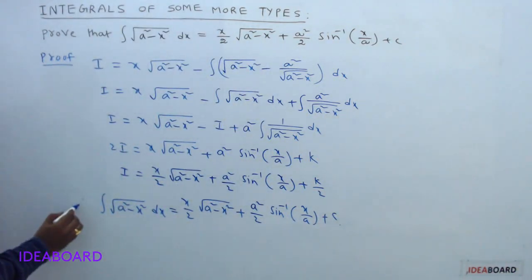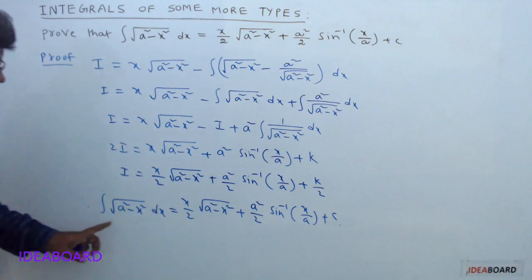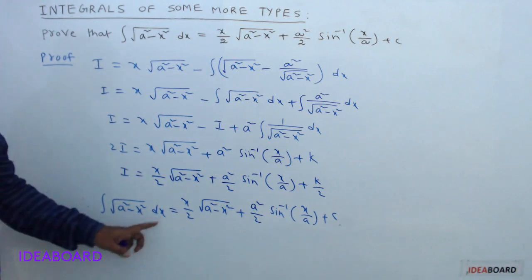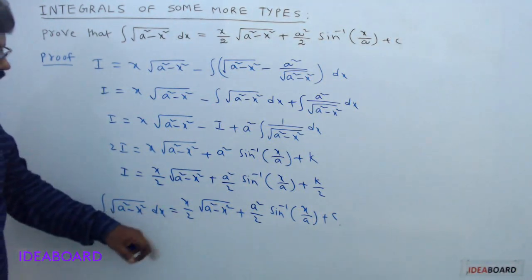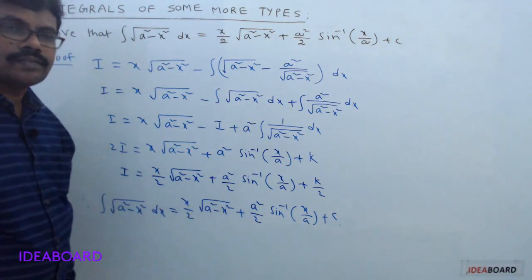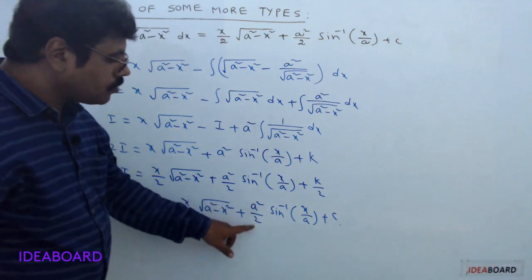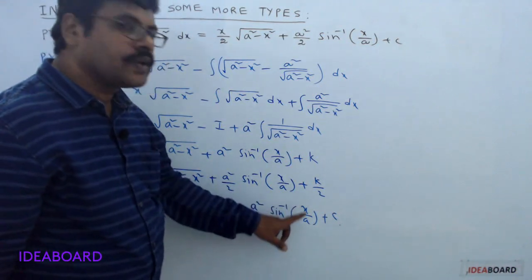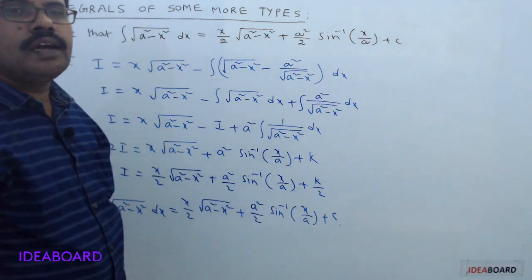So therefore integral square root of a square minus x square dx equal to x by 2 into square root of a square minus x square plus a square by 2 into sine inverse of x by a plus some constant c.